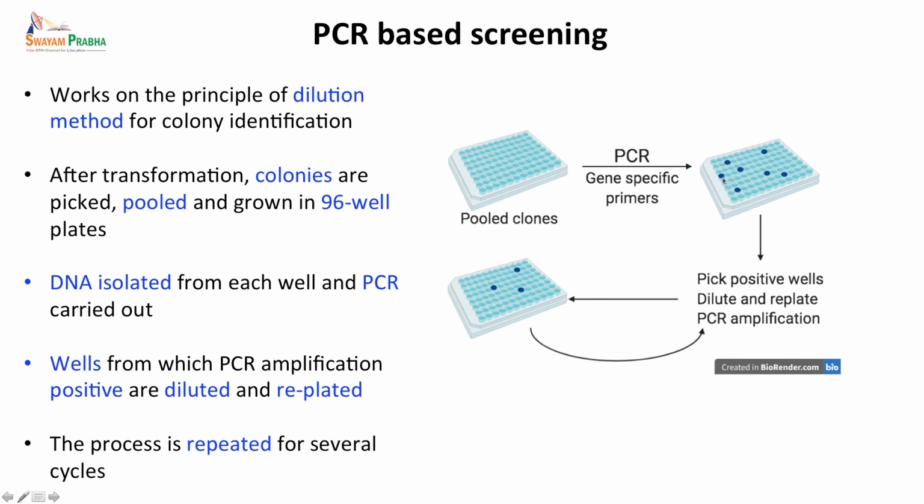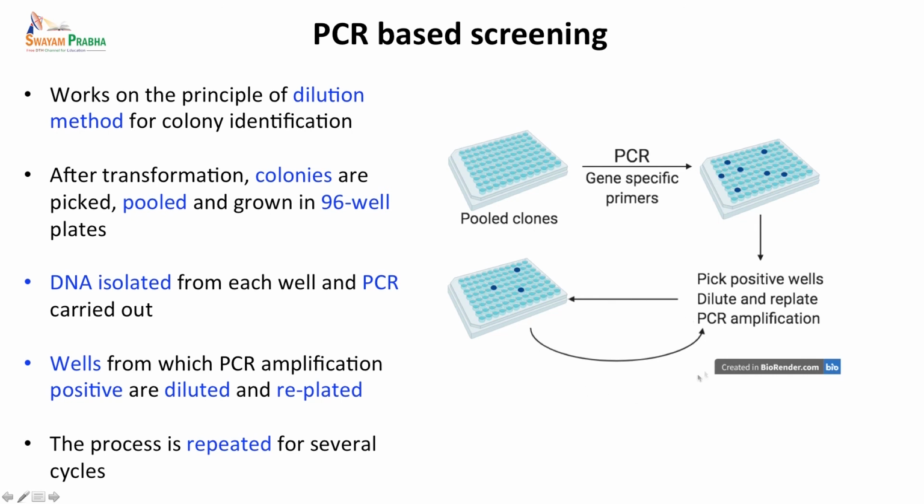So you pick these positive wells, and because initially you had 50 colonies in each of these wells, now you dilute each of these. Supposing there were 50 colonies, you dilute it many times in such a way that when you plate them again, it is 1 colony per well.